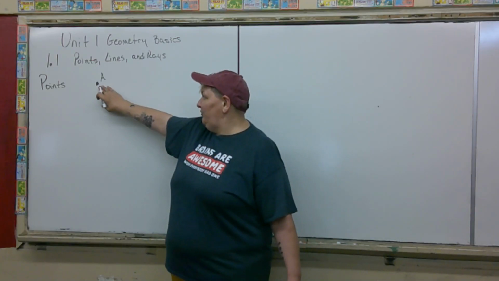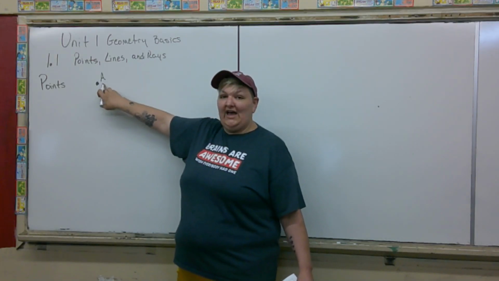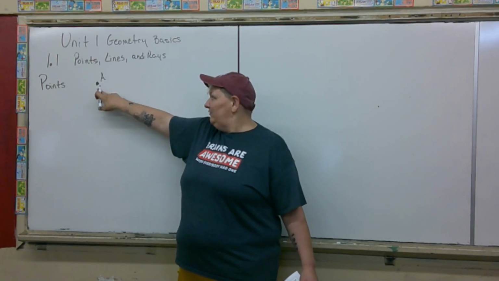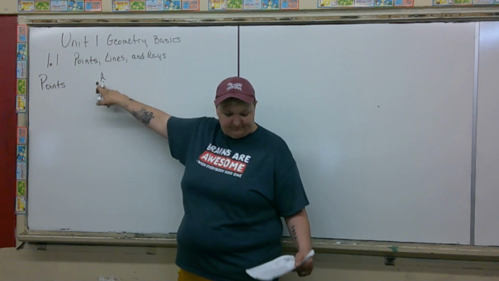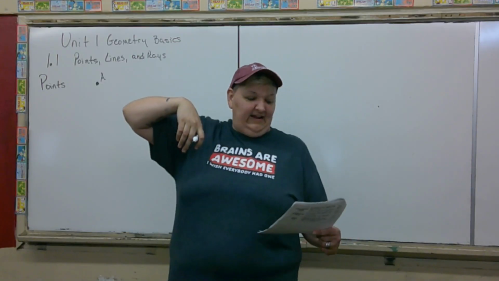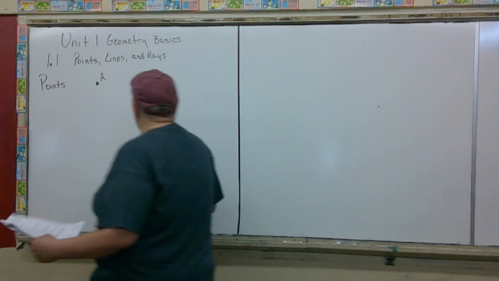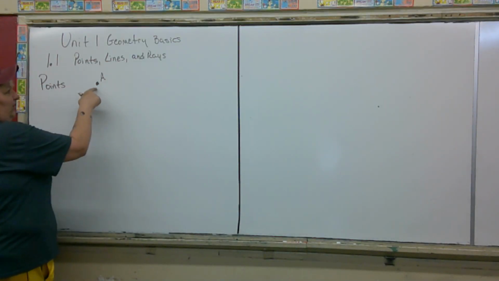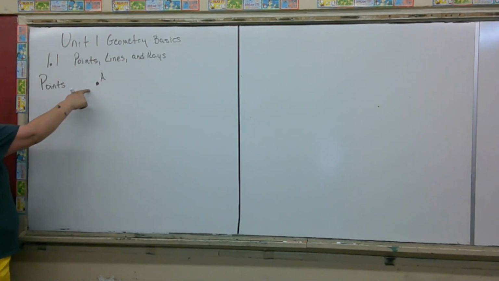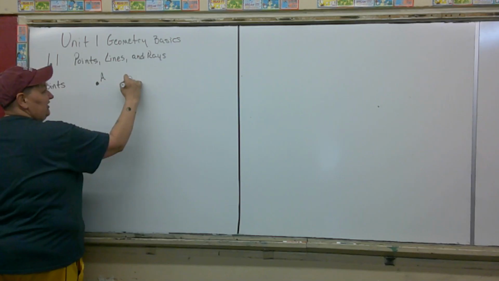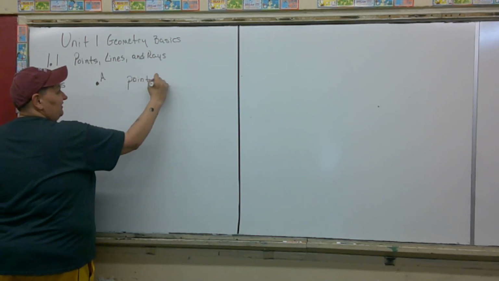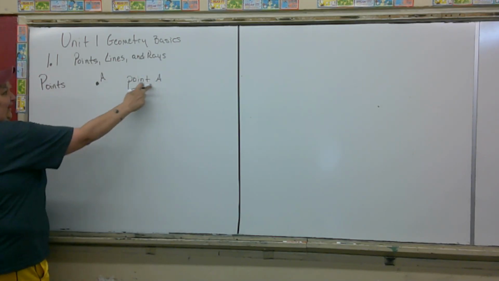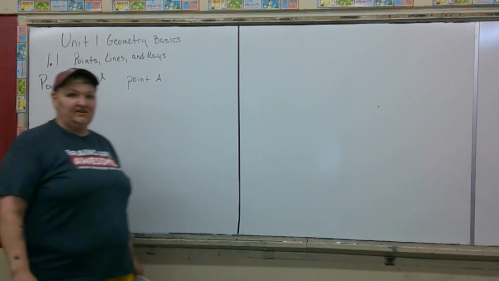When you name your points, you use a capital letter. And when you name them, like if you want to tell me this is the one you're talking about, you would say lowercase p, point, capital A, point A. That's the one you're talking about.